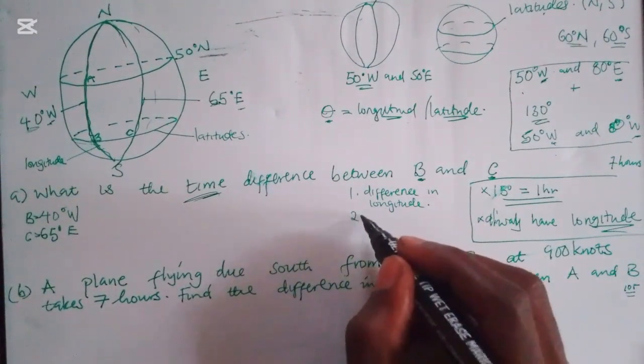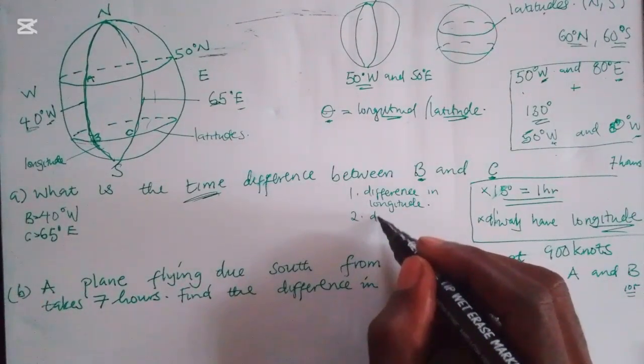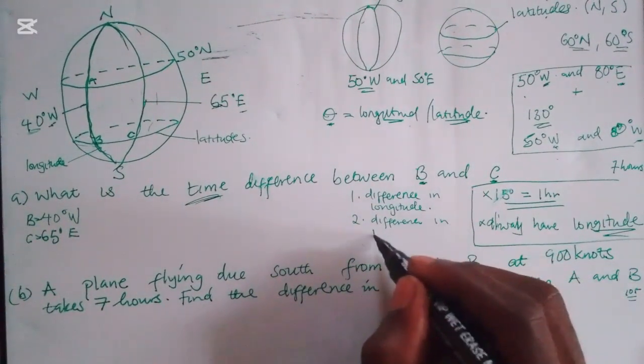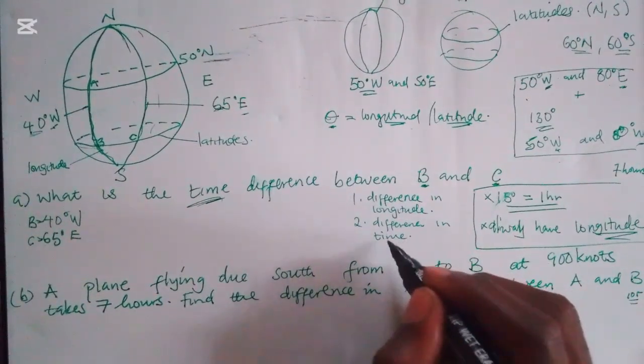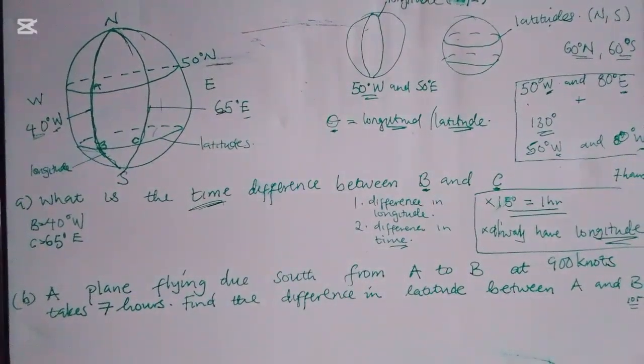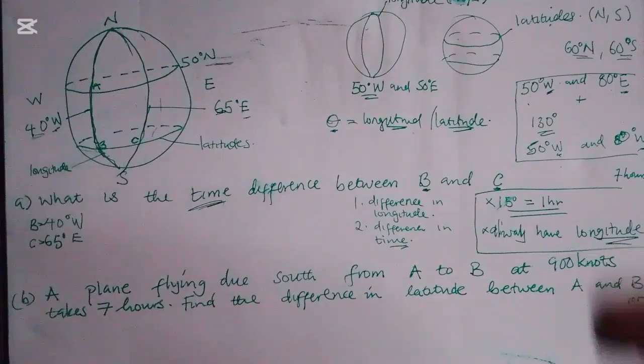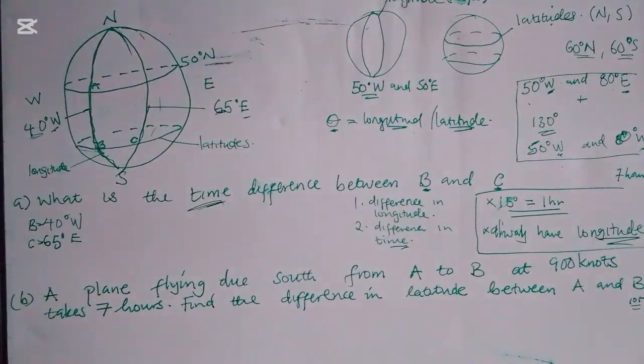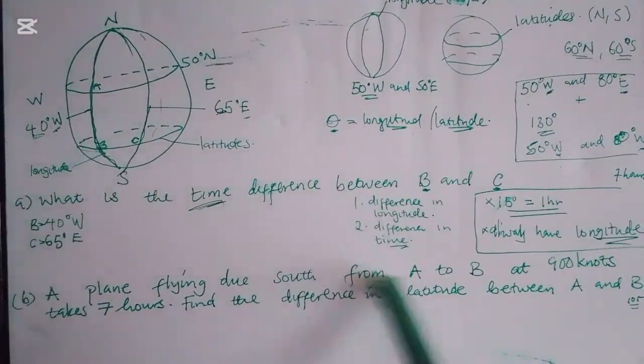Then second, you need to calculate the difference in time. So after calculating the difference in longitude, you move on to calculate the difference in time. I will show you step by step how to move from one to the other.